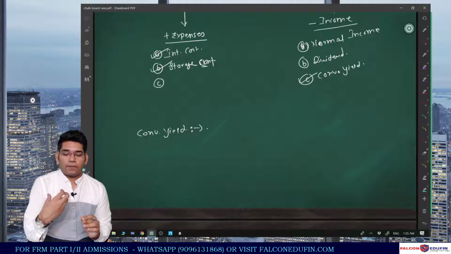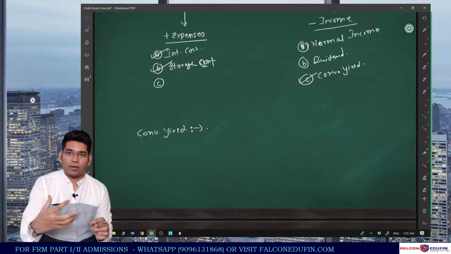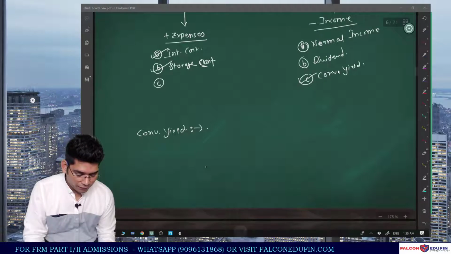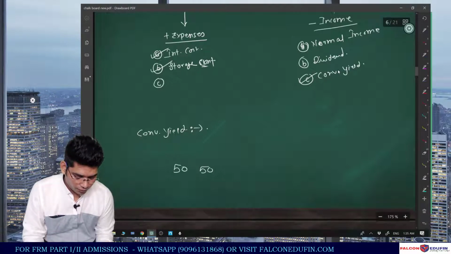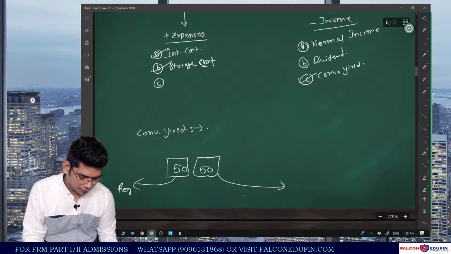But what if one bulk contract or bulk order comes to you which is apart from your regular demand? In that case, if you don't hold these 50, you have two lots. This is for the regular consumption and this is for the forward sell.